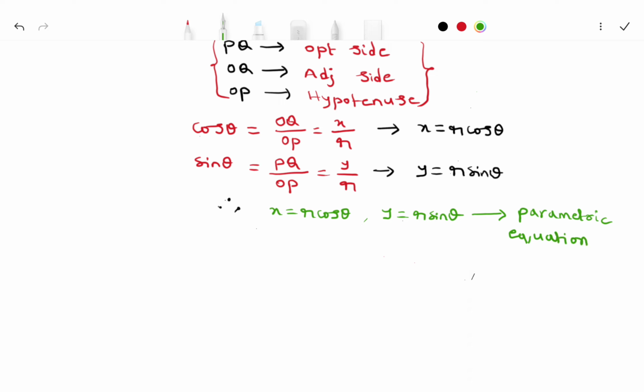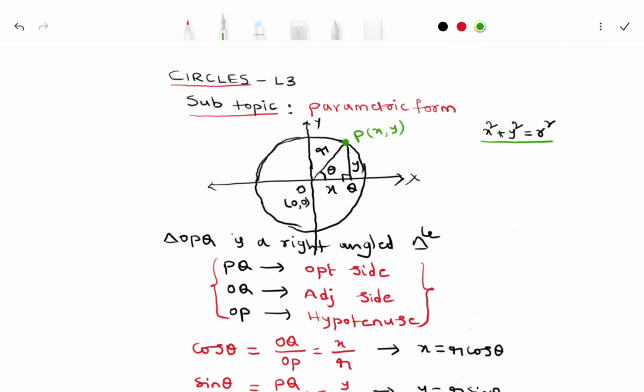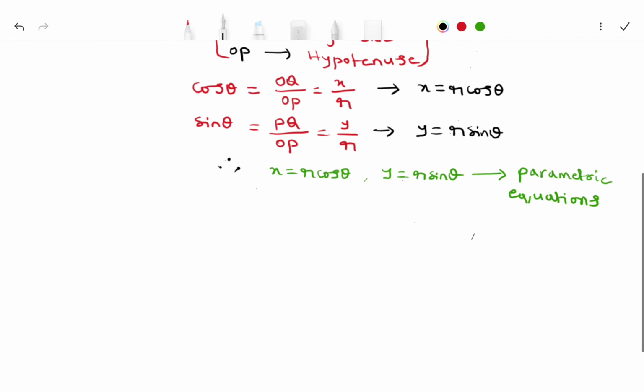Now suppose you replace the x and y values in this point P is equals to x comma y, then we call it a parametric point. So what is a parametric point?